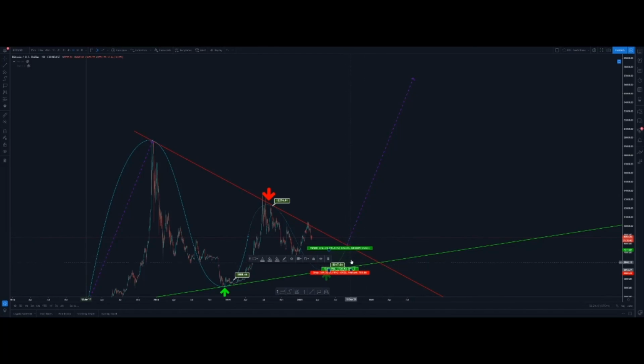Let's keep that like that, and our second target will be the breakout target, right? And that's approximately 440-ish% from the bottom.